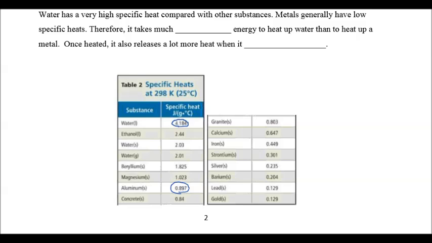It requires a lot more energy to heat up water than it does to heat up aluminum. So metals generally have low specific heats, therefore it takes more energy to heat up water than to heat up a metal. Once heated, the water also releases a lot more energy or heat when it cools.